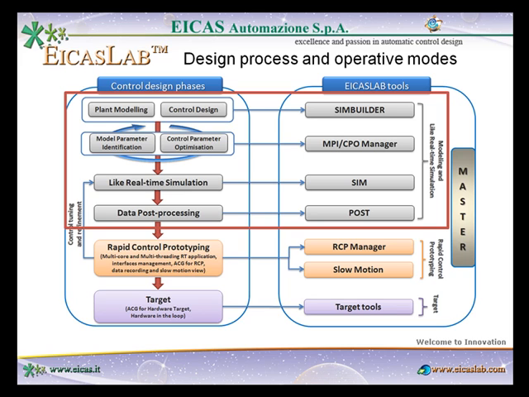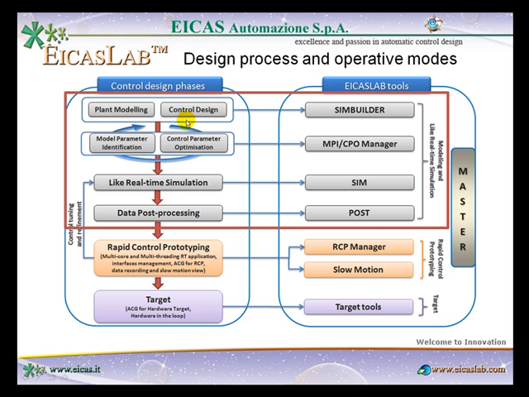You implement your plant model and your control strategy using the Sim Builder tool, and you can perform, through the MPI CPO Manager tool, the model parameter identification, specifically devoted to identifying the parameters of your plant model, and the control parameter optimization, specifically devoted to optimizing the control algorithm parameters.